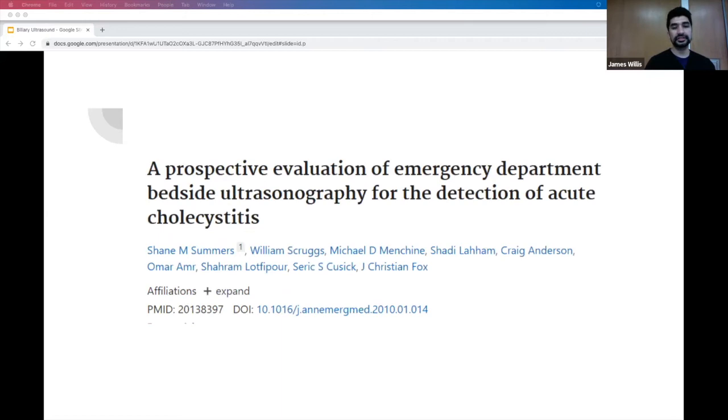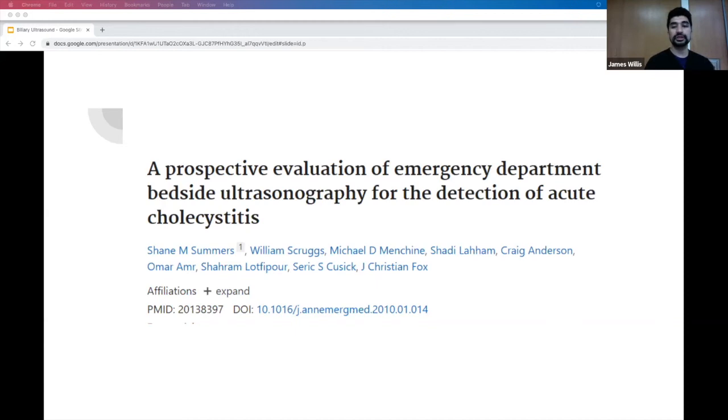And then this next study was another study done by Summers et al., also trying to determine the test characteristics of both bedside ultrasound as well as ultrasound done by the radiology department in evaluating for cholecystitis. This was a prospective observational study of about 193 ultrasounds done for suspected cholecystitis.